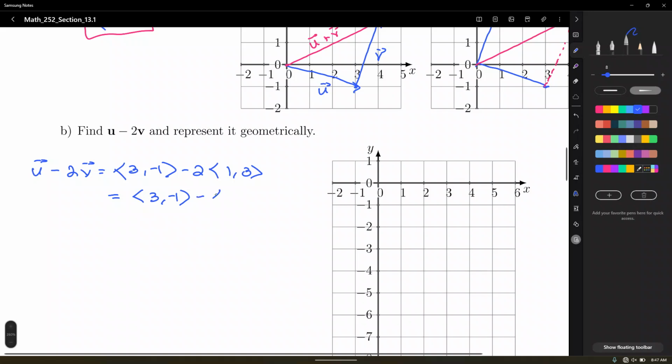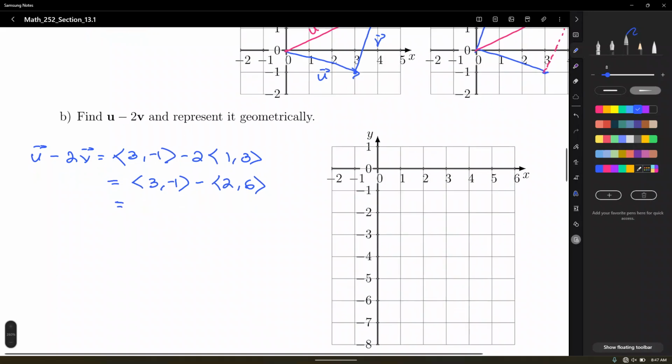It's going to be minus 2 times 1, which is 2, and 2 times 3, which is 6, and simply subtract the components of the vector. X's with x's, y's with y's. That's all it is. 3 minus 2 equals 1, and negative 1 minus 6, careful with the signs, that's going to give us negative 7. So that's the resultant vector here.